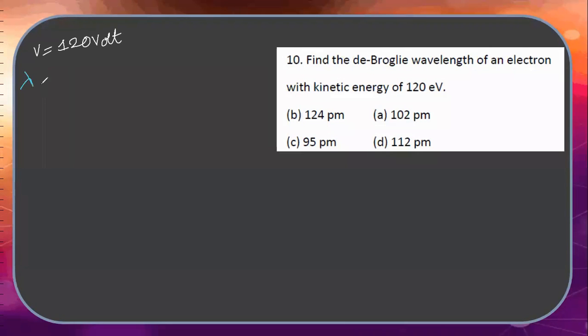The de Broglie wavelength lambda is equal to h divided by square root of 2mK.